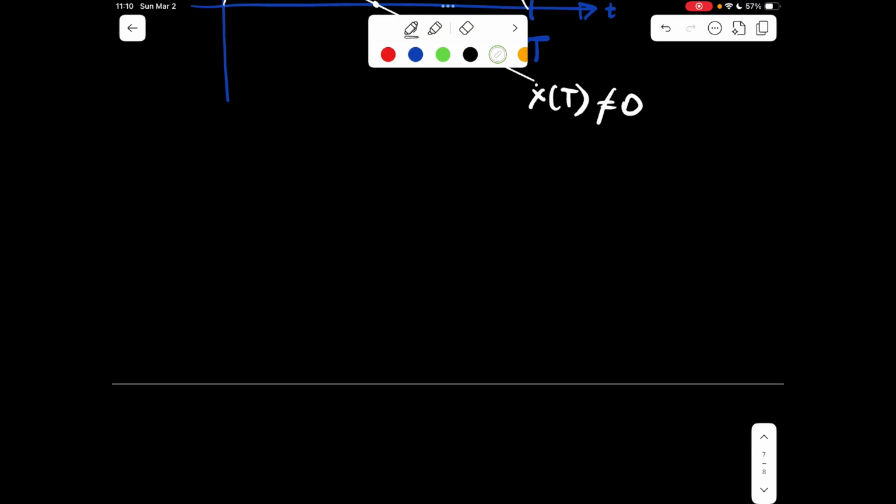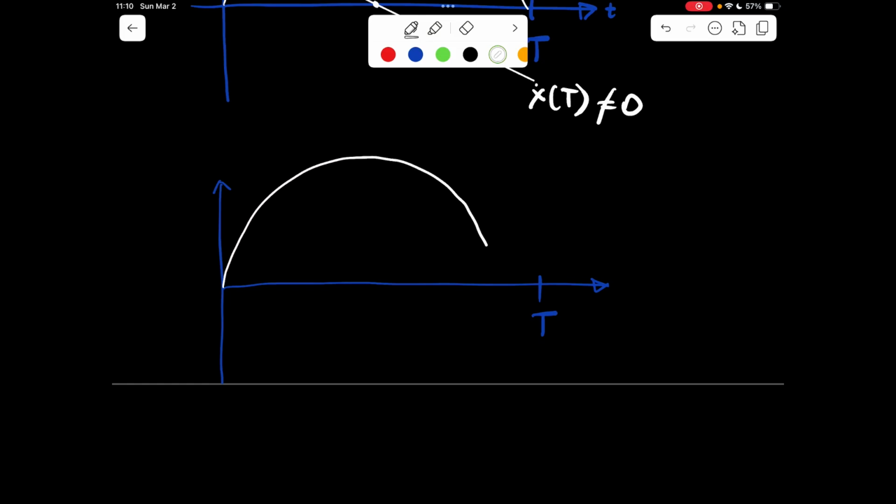So instead, we require something different. This is the end of the mission. And at the end, we require that velocity must be 0. So we must approach 0 very gently.